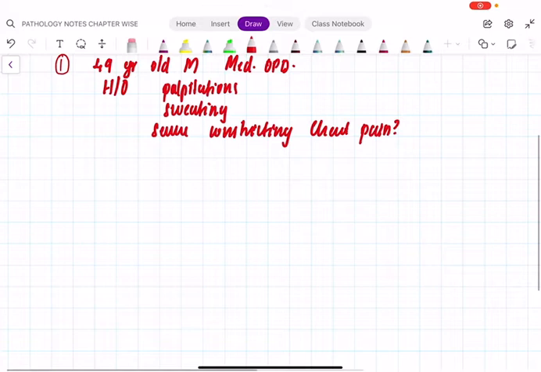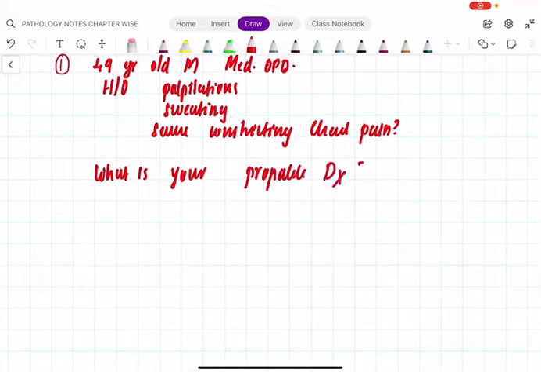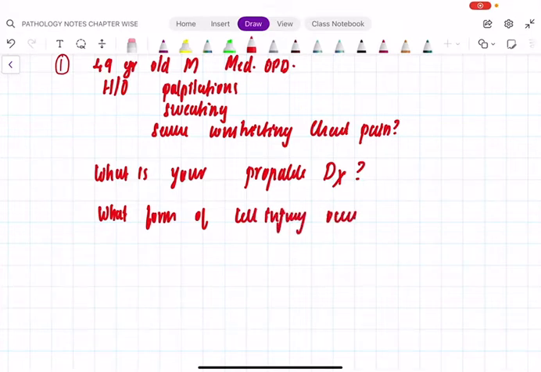Here comes the question. What is your probable diagnosis? Diagnosis, short form DX. What form of cell injury occurs?